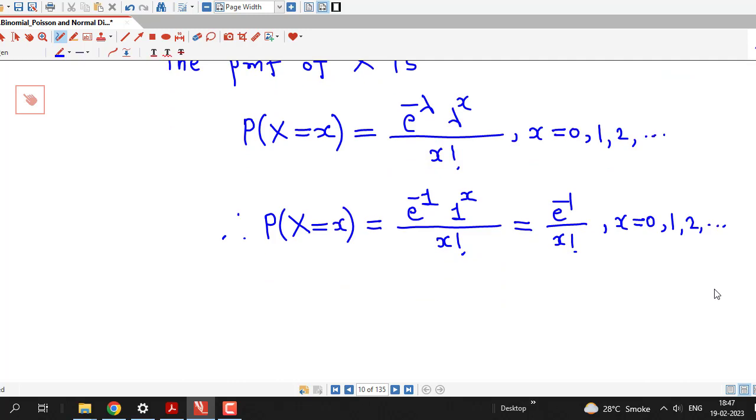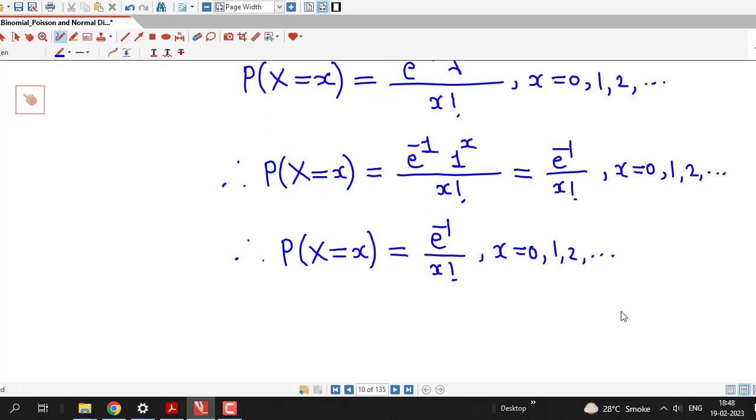So the probability that capital X equals x is e to the power minus 1 divided by x factorial, for x equal to 0, 1, 2 and so on.